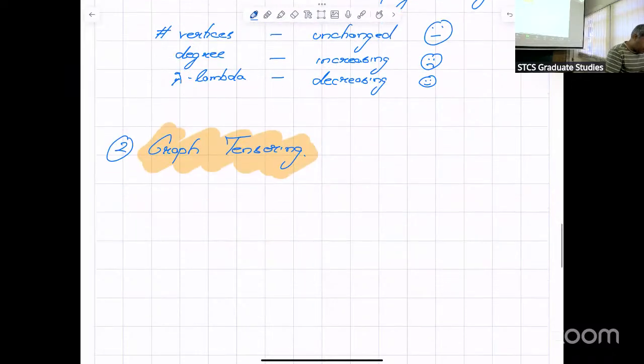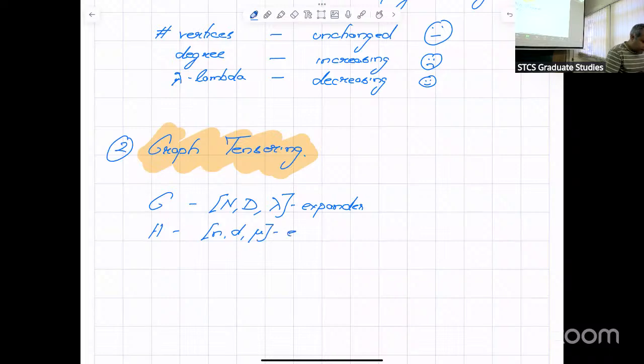So suppose G was an (N, D, lambda) expander and H was a small (n, d, mu) expander.